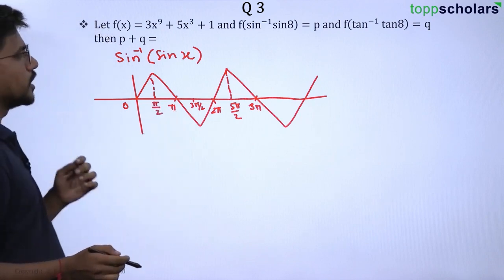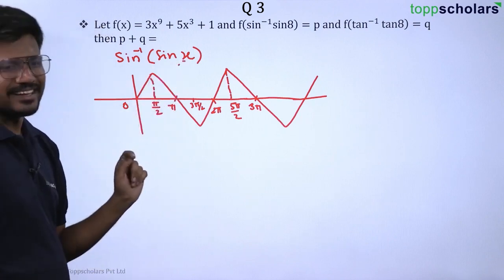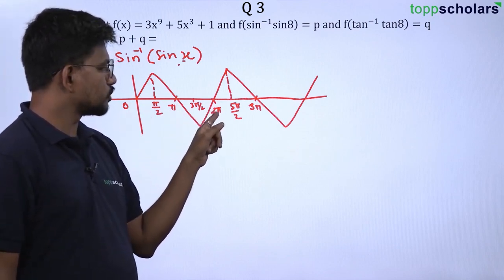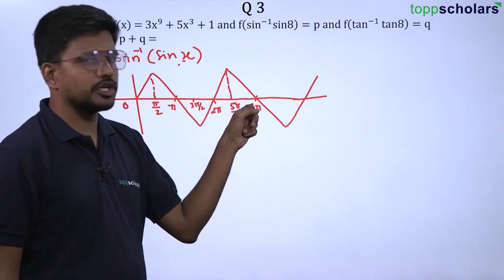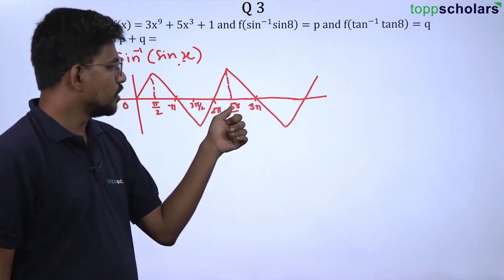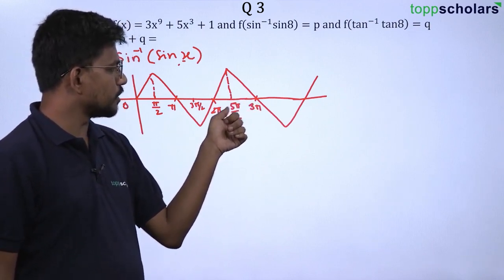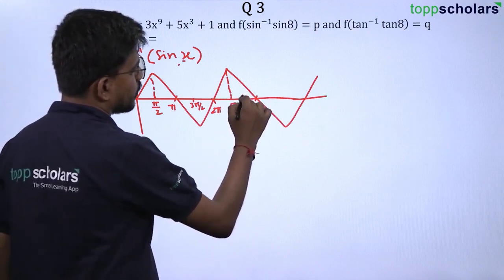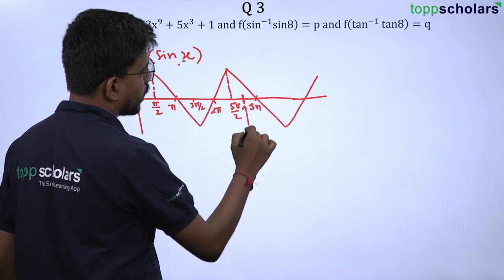I need to understand the value of x is 8. So the value of x being 8 means it is where? 2 pi is 6.28, 3 pi is 3 into 3.14, 9.42, 5 pi by 2 is 15 by 2, 7.5. It means the value 8 lies somewhere here. This is value 8.